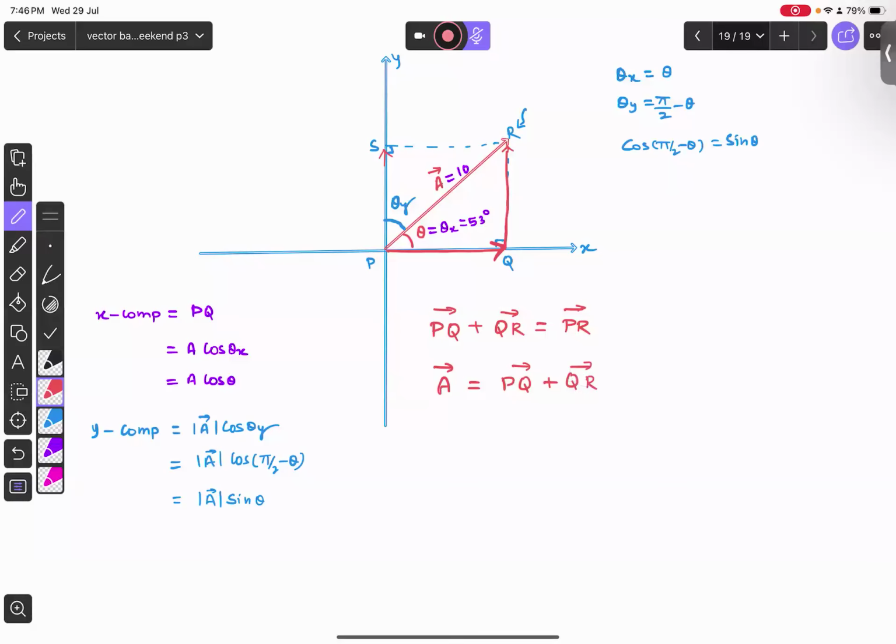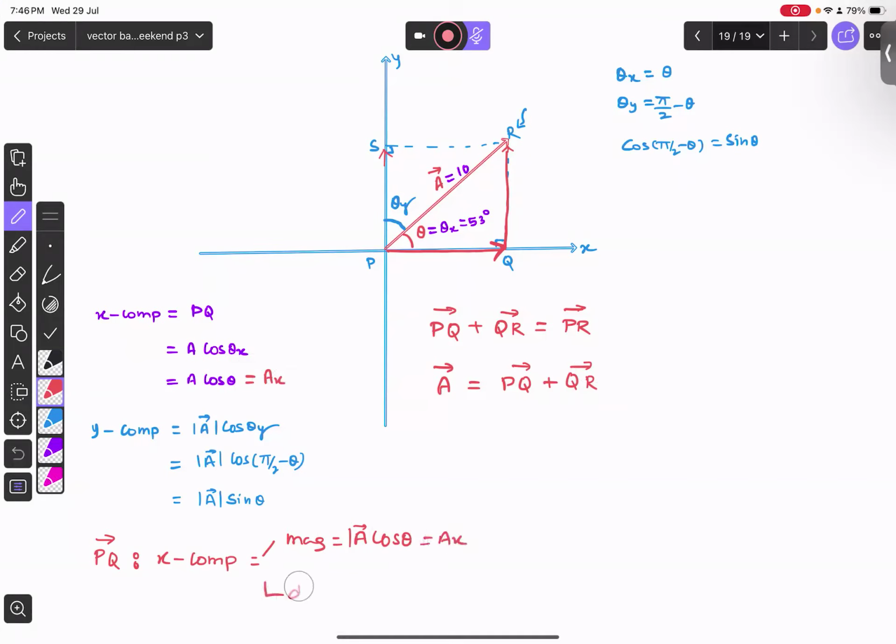Now check out this PQ vector. That is basically the X component of our vector A. And what magnitude is it? It is of magnitude A cos theta. And since it is the X component, I will write its name as AX.